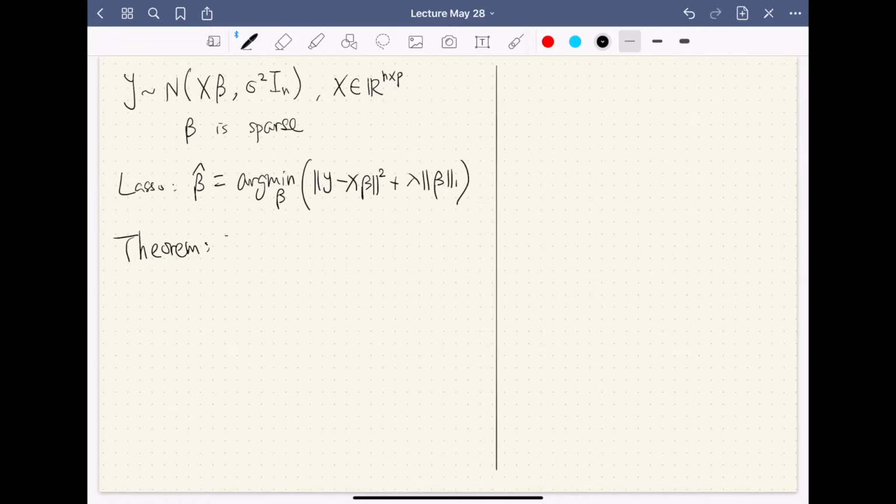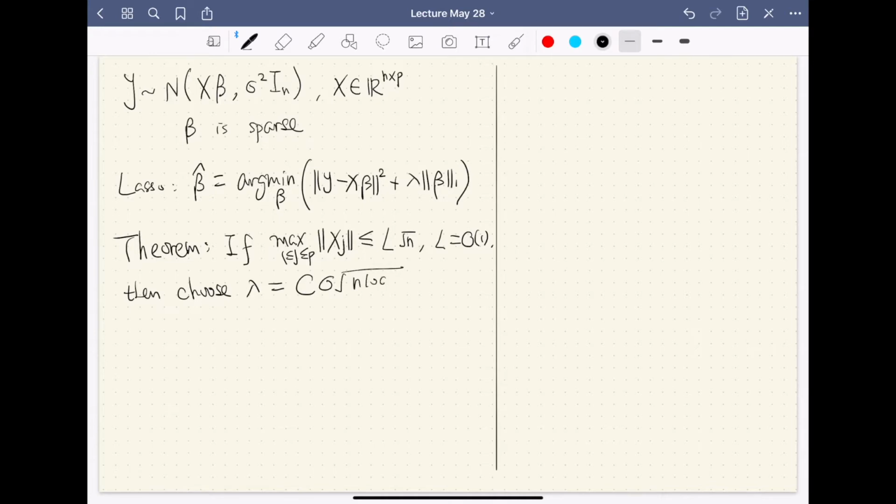It says, if we assume that each column of the design matrix is bounded by some constant L times root n, so each column's L2 norm is of order root n for some constant L, then we can choose lambda to be some constant c times sigma, which is the noise level, times root n log p, for some large constant c.